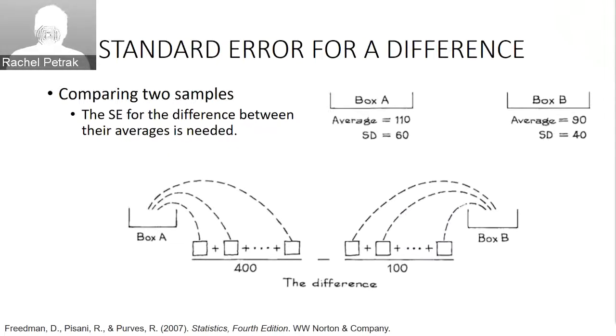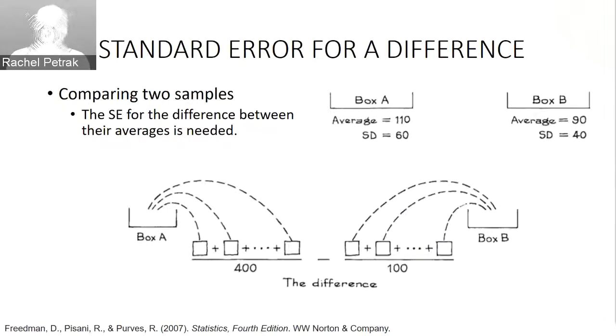The first step is to compute the expected value and standard error for each average separately, and the next problem is how to put the standard errors together. People often think that you should add the standard errors, but that's not a valid solution mathematically because it ignores the possibility of cancellation in the two chance errors.